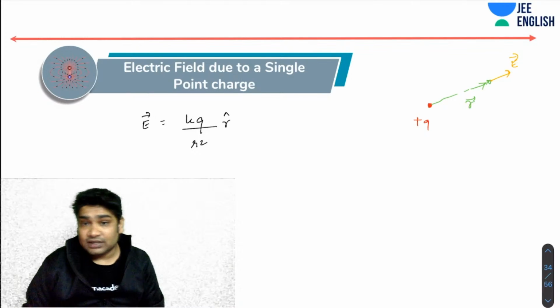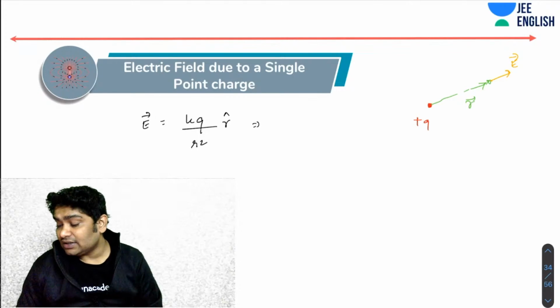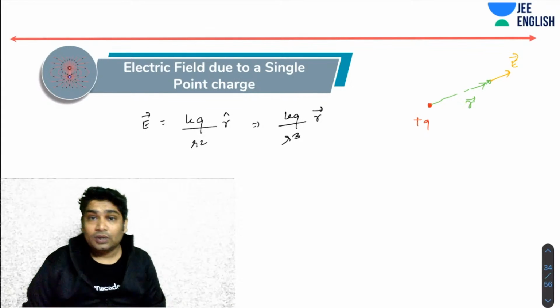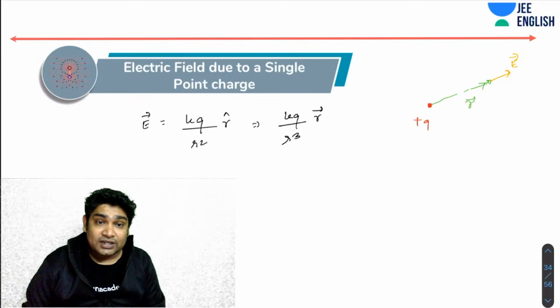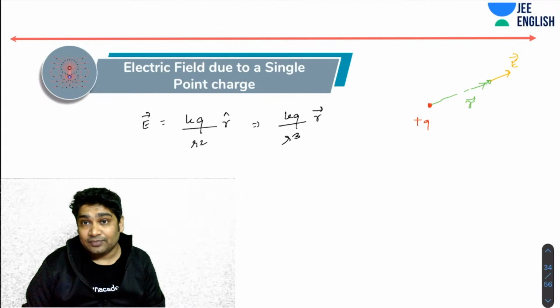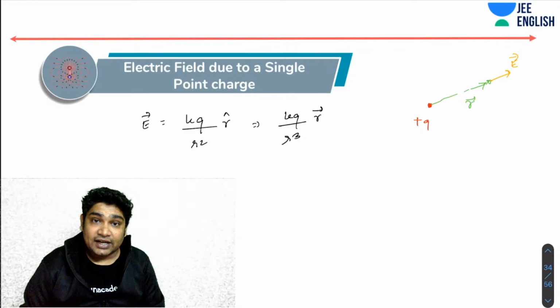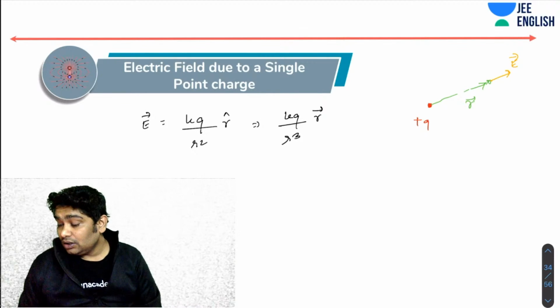Please remember this. Otherwise, I can also rewrite this as k q over r cube times r vector. Now, in this expression, q is supposed to be put with proper signs always. Positive and negative will make a difference in the direction.